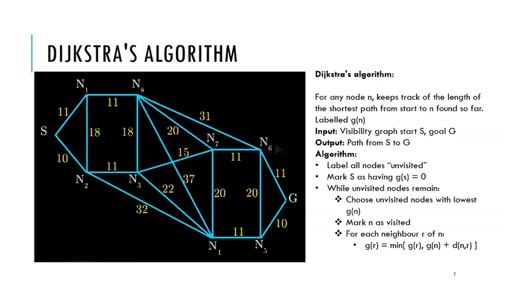So I am going to put 0 here, saying that the shortest path from the start to itself is 0. Then I am going to go into the main loop of the algorithm, which says: take an unvisited node with the lowest g(n).